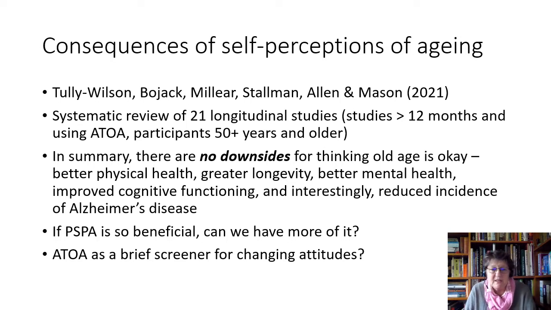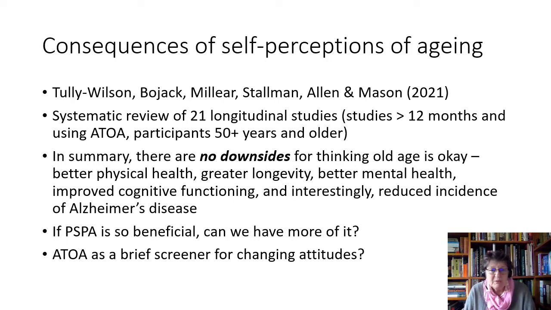They used the attitudes towards own aging, ATOA scale, 5 items. Participants were 50 years and older. So we used ATOA because it's so much better than felt age, because felt age depends on the day. And the newer models of demands and resources of aging, because that hasn't been in a great deal of research as yet.